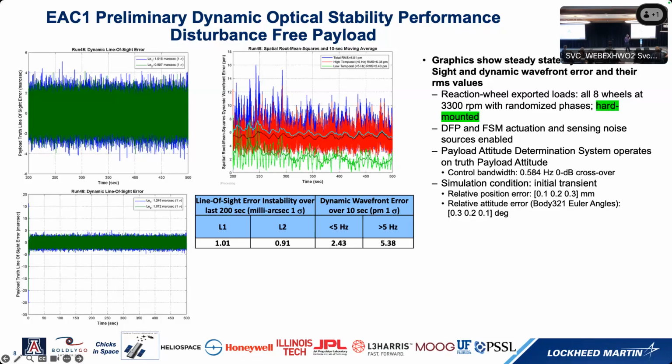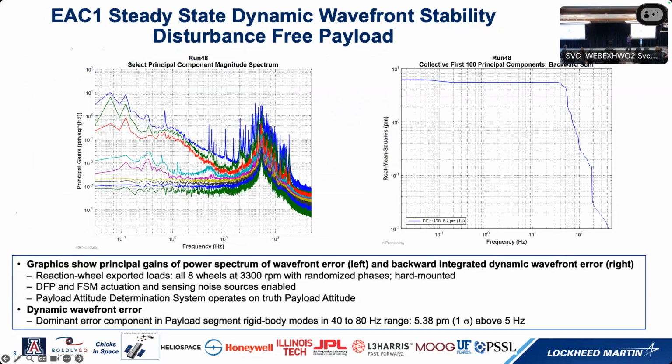Next chart, please. This gives you an idea of where the activity actually is. This is a spectrum, basically taking the wavefront error and doing a spectral analysis. It's a multidimensional problem. I'm taking here the principal gain of that transmissibility, and you can see that most of the activity is in the mirror rigid body modes, which are in the 40 to 60, 70 hertz range.